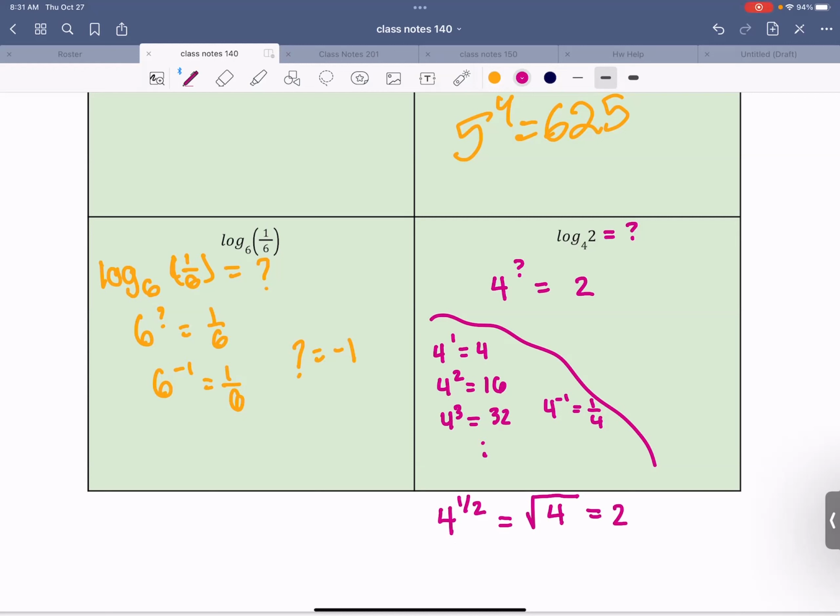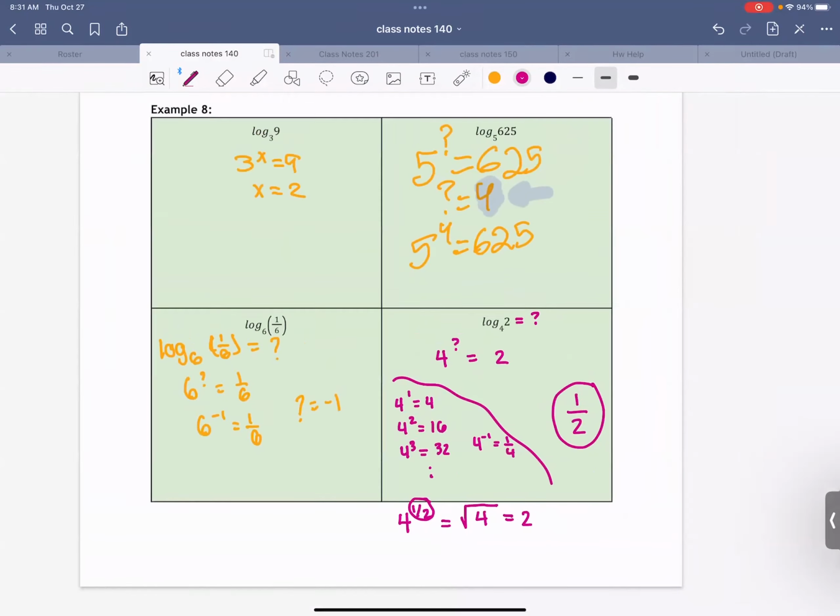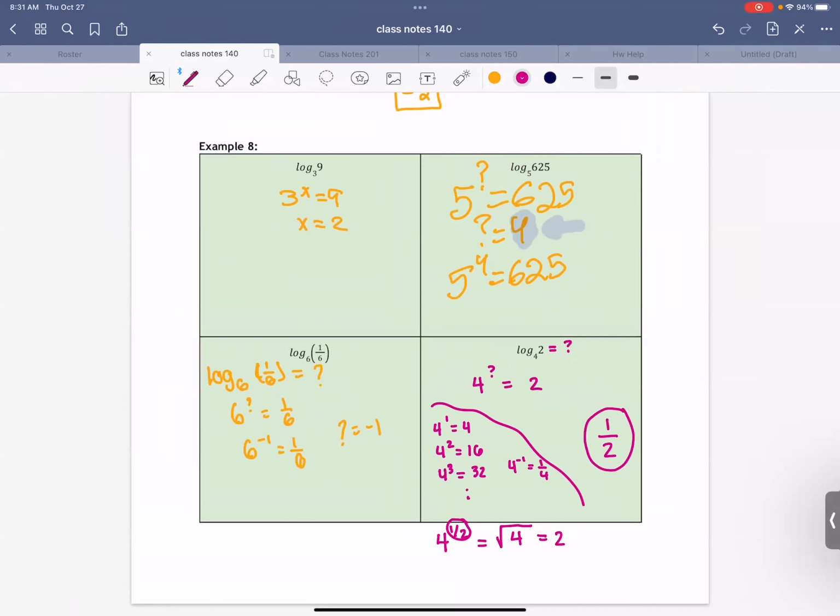So we did find a number, 1/2, that we can raise 4 to get 2. And it's actually not a negative, it's not a whole number, it's actually a fraction. So the answer to this one is a half. I know there's a lot of numbers going on. There's a lot of fractions and negative numbers going on. But fractions are also fair game for logarithms as well. Any questions on example 8?